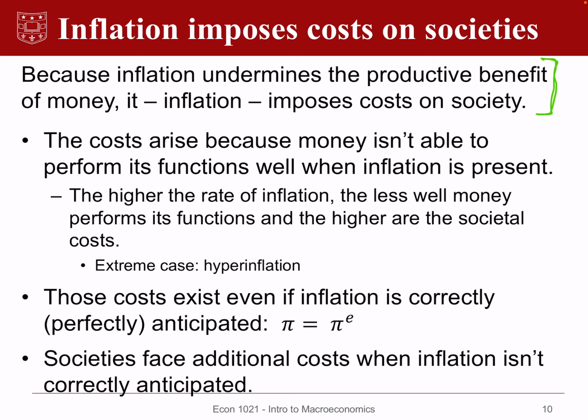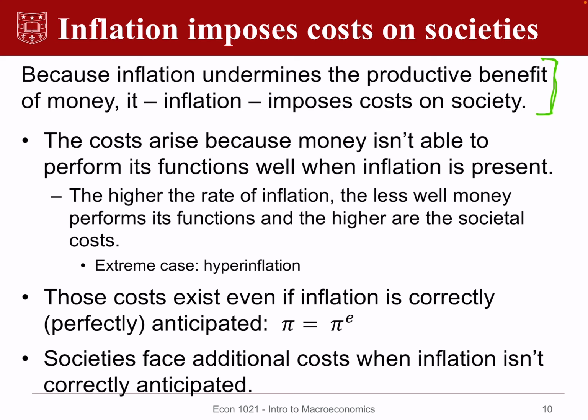These costs arise because money isn't able to perform its functions well when we have inflation in the macroeconomy. The higher the rate of inflation, of course, the less well money is able to perform its functions, and the extreme case described in the textbook would be hyperinflation, and we'll have a little bit more to say about this towards the end of these notes.